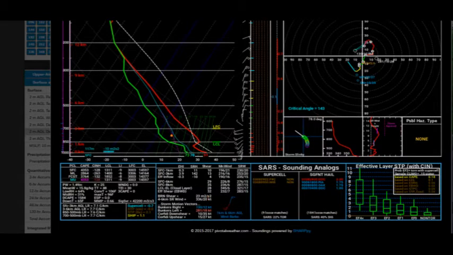Dallas also showing some capping and certainly some moisture there. And you can kind of see the weakness of the moisture, 850 millibar conditions, a little bit on the dry side. So if we try to get a thunderstorm out of this, we're going to need temperatures of about 106 degrees.